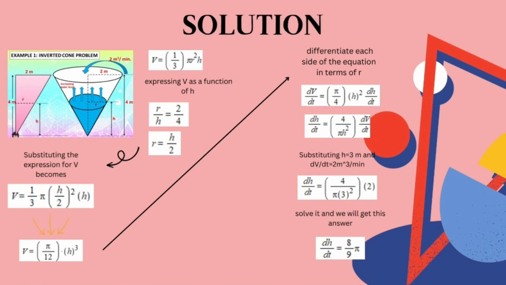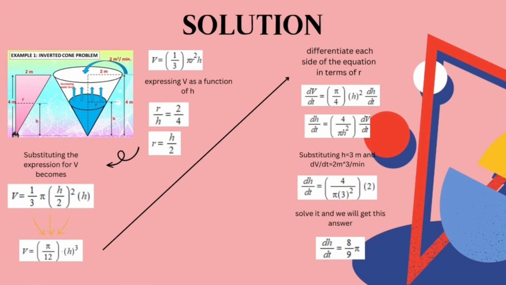Next, substituting the expression, V becomes 1/3 pi times (h/2) squared times h. After we simplify, V is equal to pi over 12 times h to the power of 3.